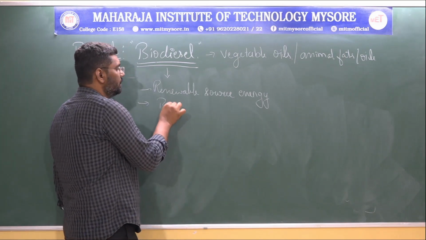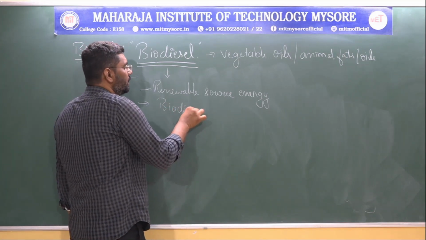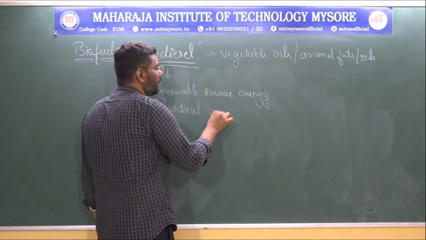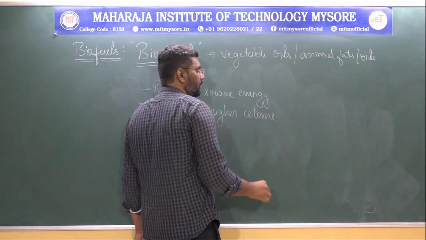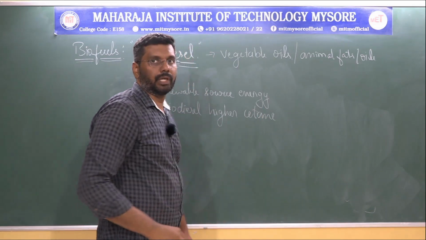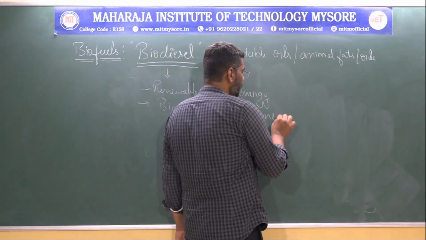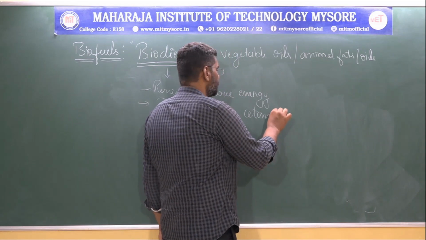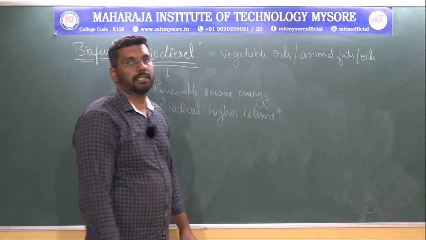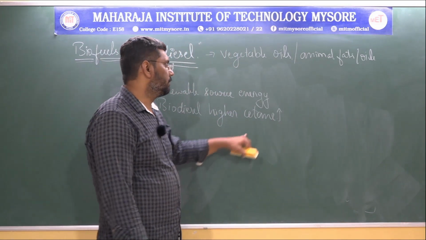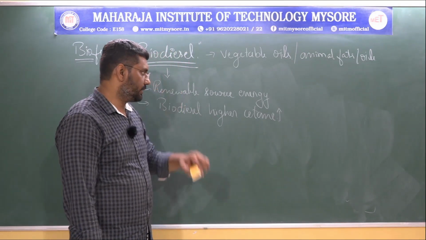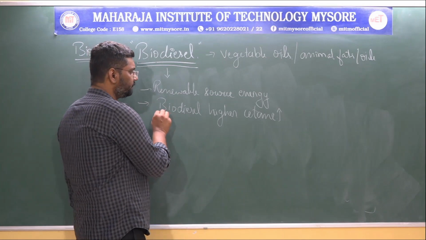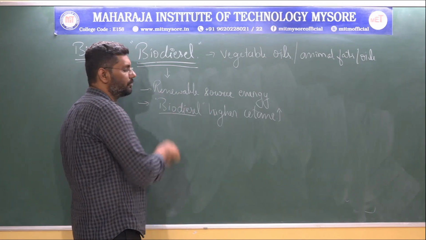Compared to normal diesel, this biodiesel has a higher cetane number, because octane number is only for petrol and cetane number is for diesel. Since the cetane number is more compared to normal diesel, biodiesel efficiency will definitely be more.